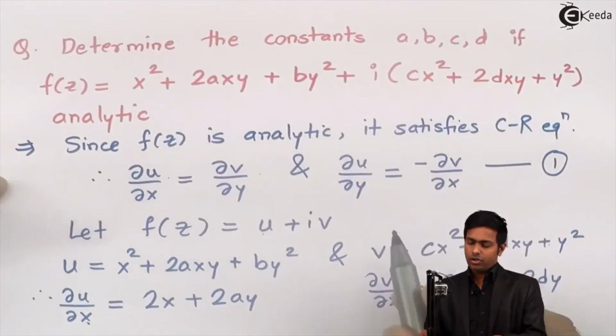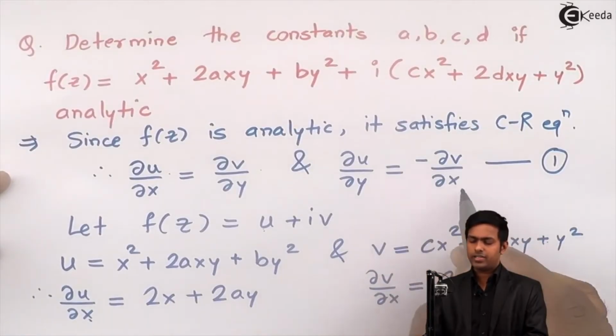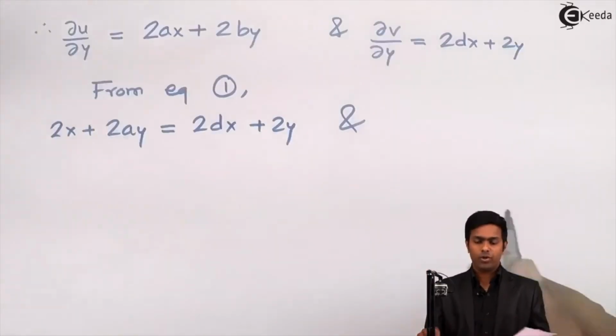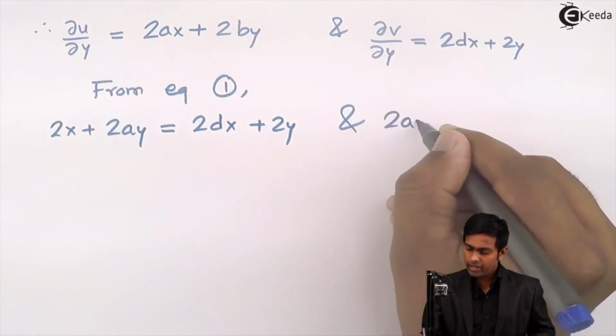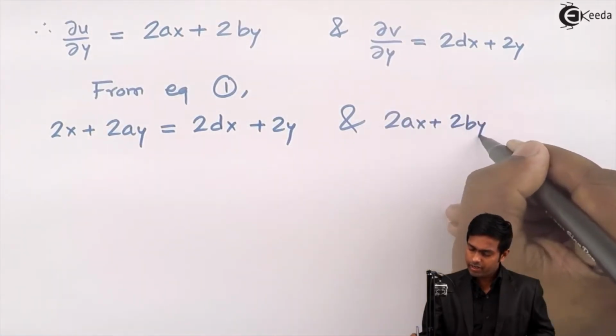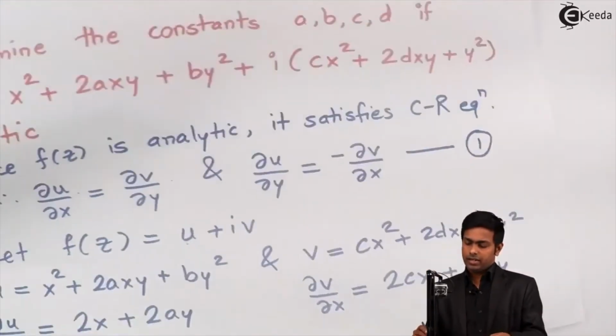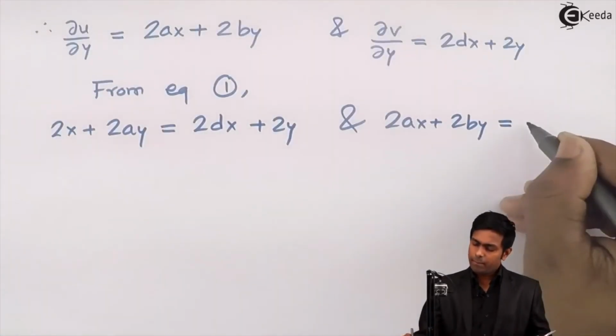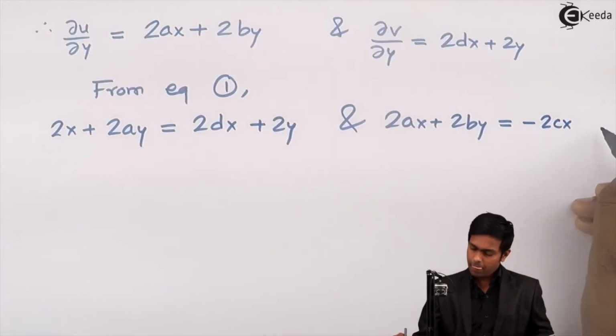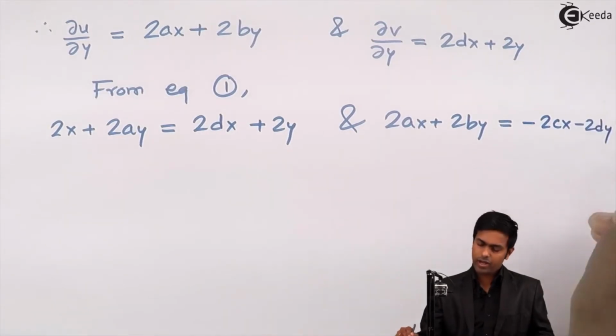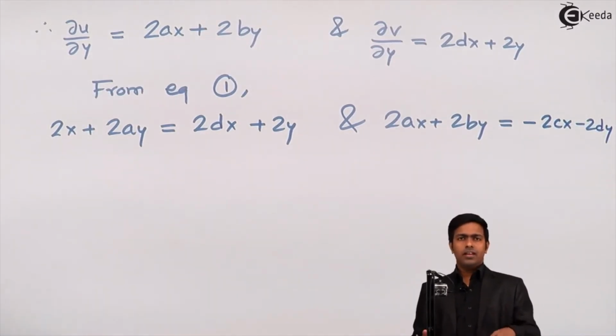And ∂u/∂y = -∂v/∂x. So ∂u/∂y is 2ax + 2by, equal to the negative of this, so -2cx - 2dy.